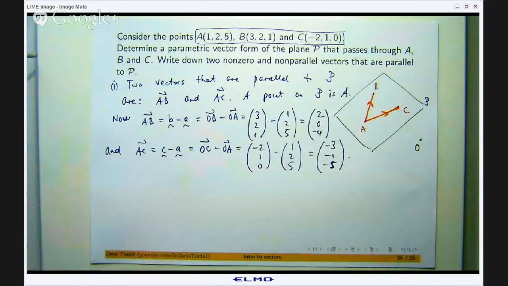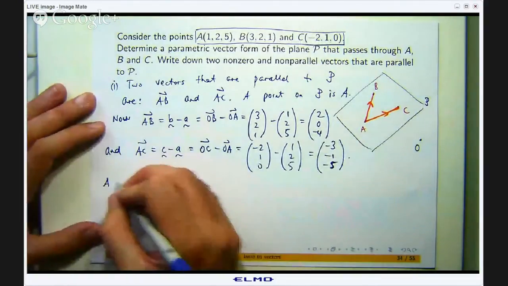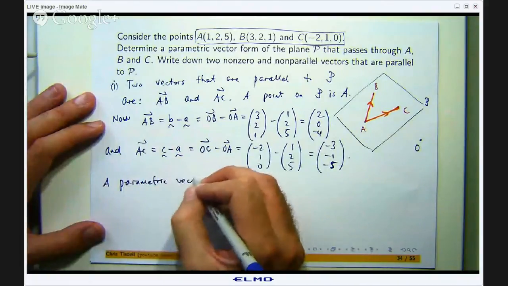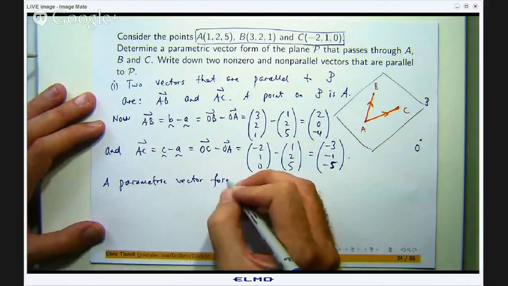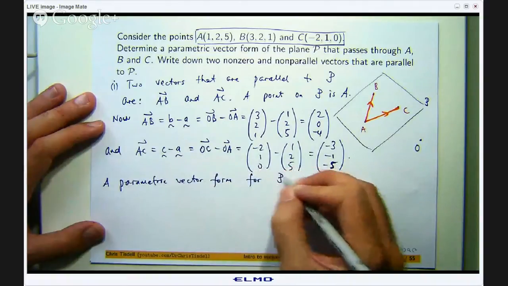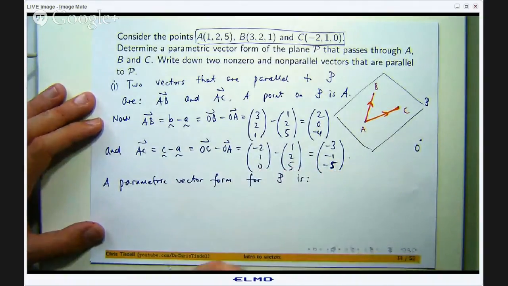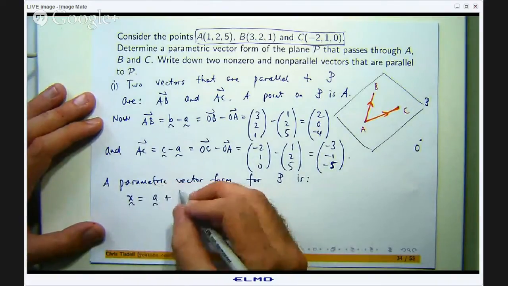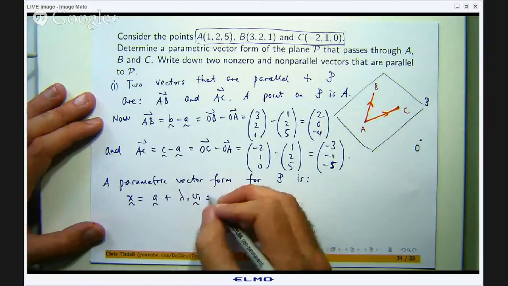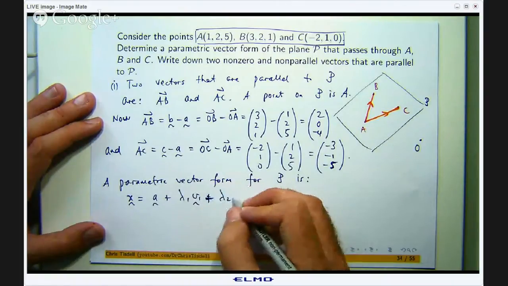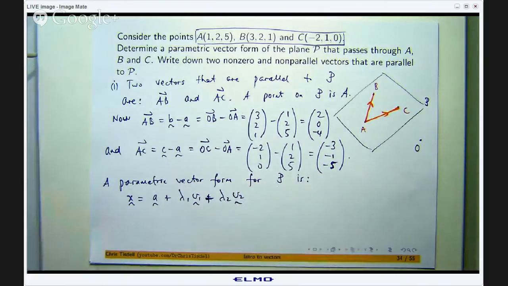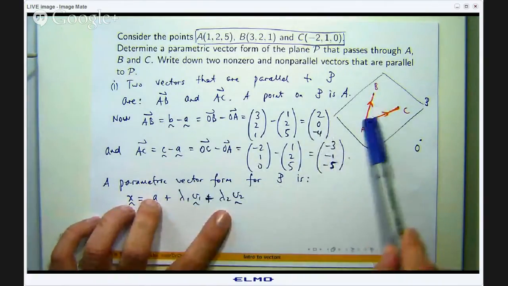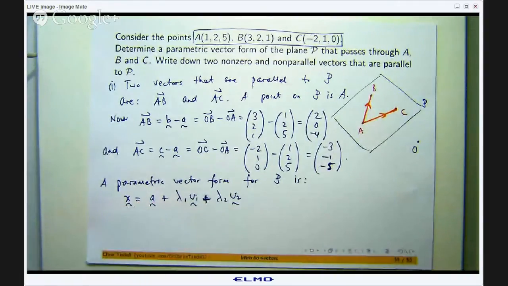So a parametric vector form for the plane P is this, plus. In our case, let's say V1 is this vector, V2 is this vector, because they're the two vectors that are parallel to the plane.